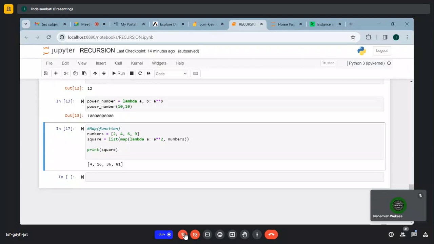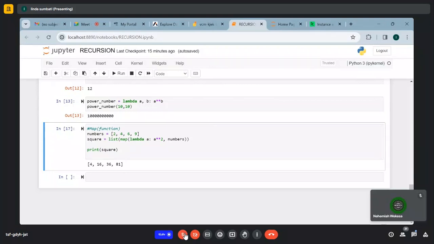After it applies the lambda function on each element of the list, and each element of the list here is the 2, 4, 6, 9, it applies the lambda on those numbers that have been highlighted up. Then after that, it returns the iterative object. And that iterative object, now you need to convert it to a list so that you can see what the lambda function was doing on that element of the list.